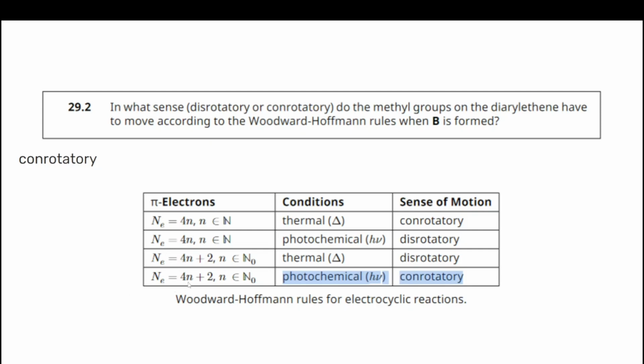Your 6 electrons correspond to the 4n+2 rule, and the conditions are given. It's a photochemical reaction, so that's why it's conrotatory motion. You can arrive at the same conclusion just by analyzing the product and the way orbitals move. Or you can take a look at the table, it's much easier.